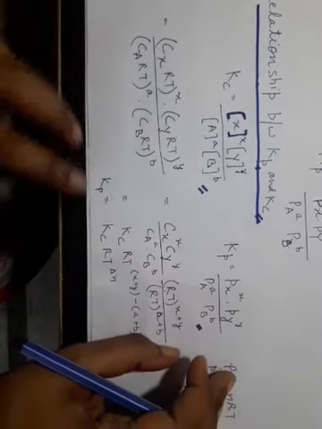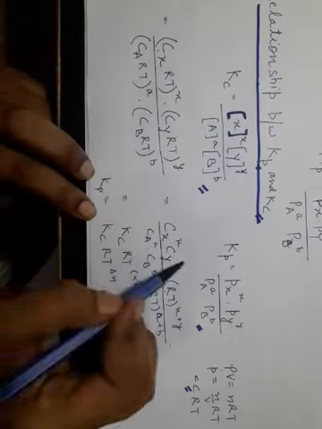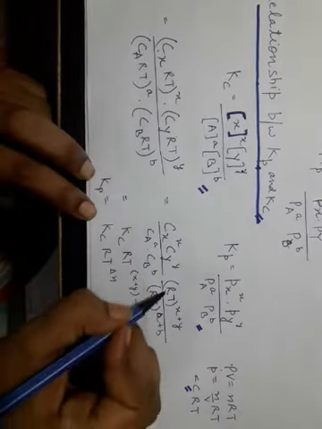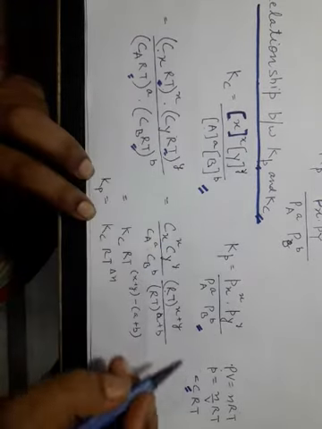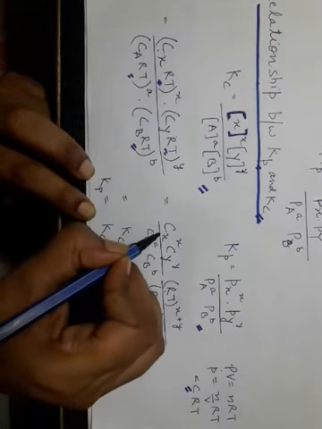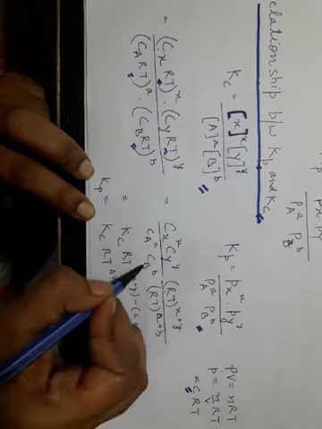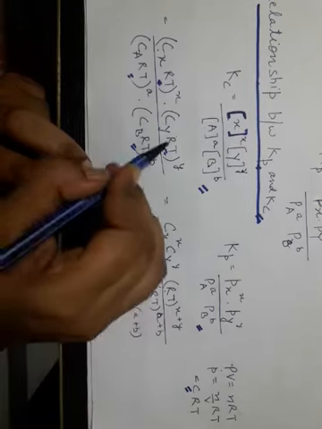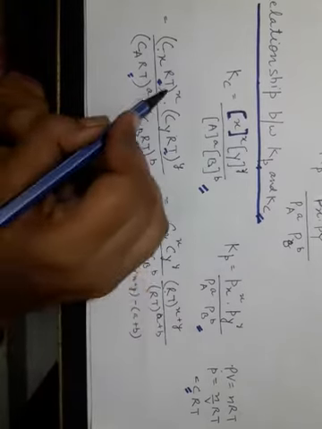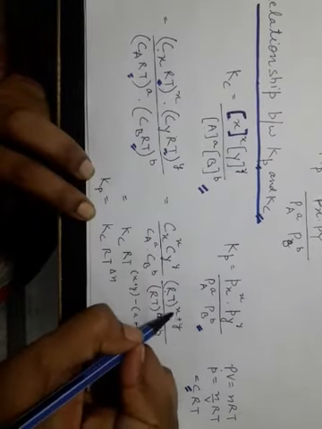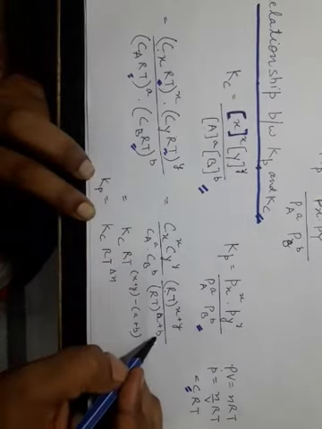Cx, Cy, Ca and Cb are different but RT is constant in all terms. So our relationship is Cx to the power x, Cy to the power y, Ca to the power a and Cb to the power b, and RT is constant. RT to the power x and y are going to be added. In the denominator they are also going to be added.